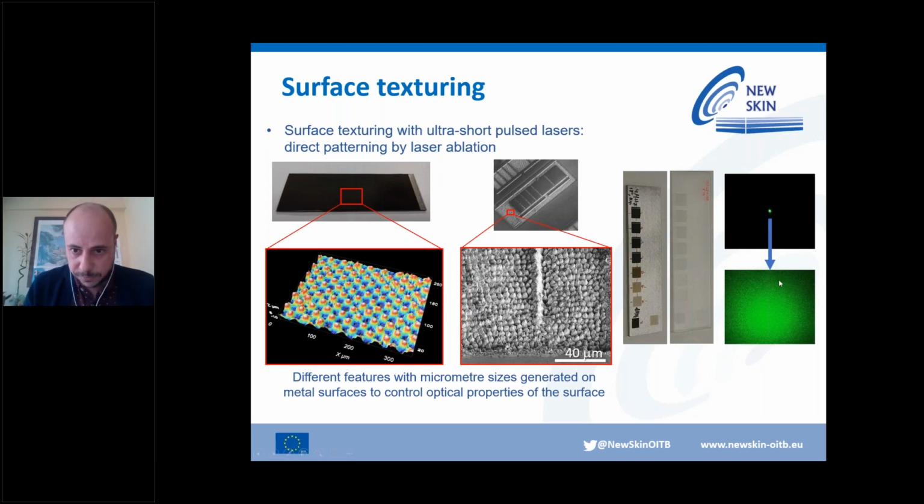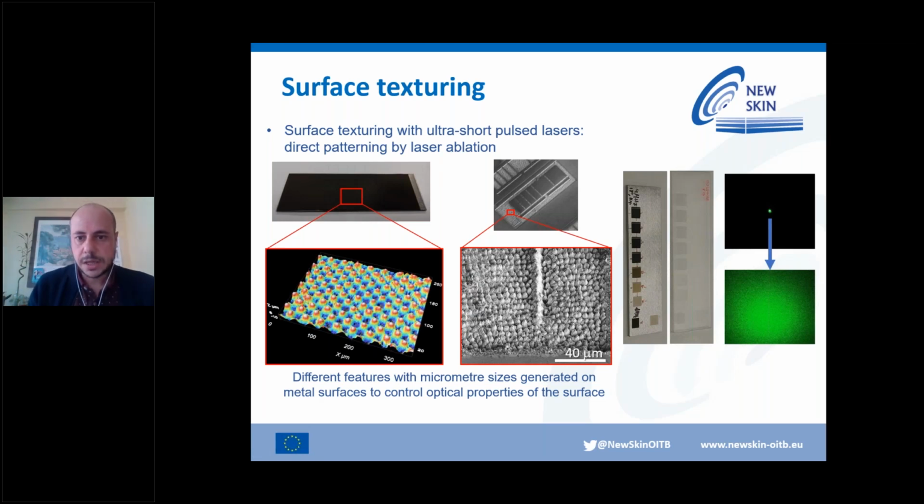This is an example. Here in the metal you have the master, and in the picture on the right you have the replication by injection molding, and here you can observe the effect. With the smooth surface you have a reflection which is the exact shape of the green laser pointer.